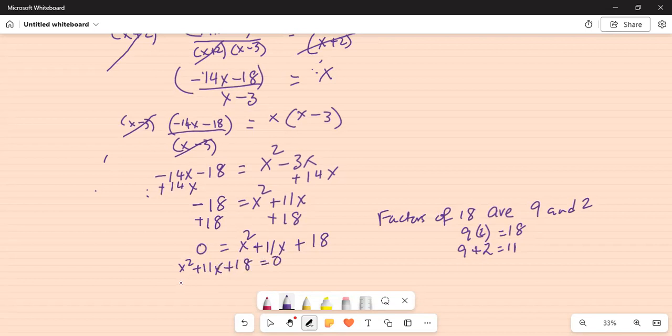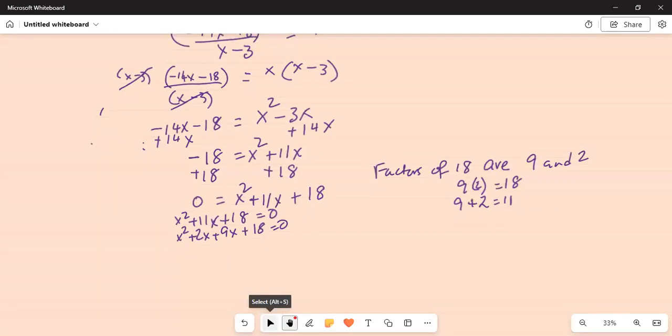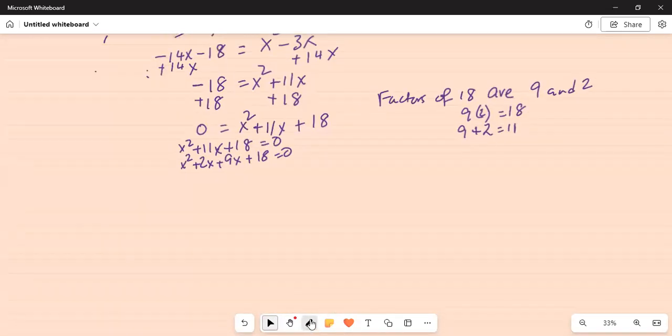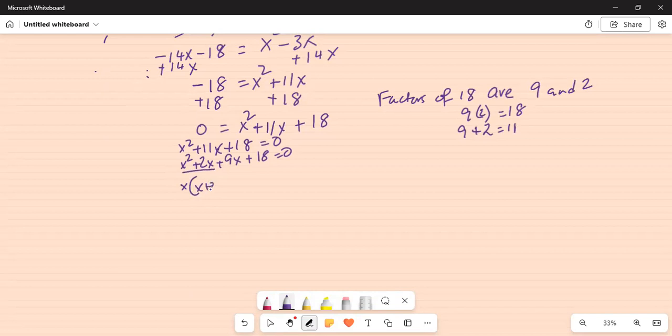The 11x I can write as 2x plus 9x, because 2 plus 9 is 11, so x squared plus 2x plus 9x plus 18, which is 9 times 2, is equal to 0. Okay. So then from the first two terms, we'll take out x as the common factor, x plus 2.